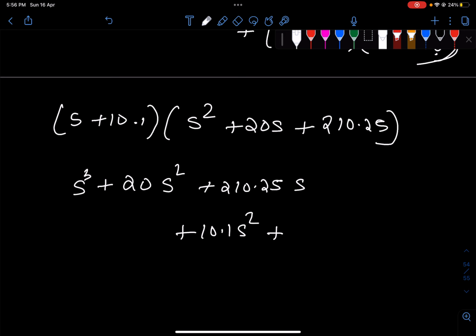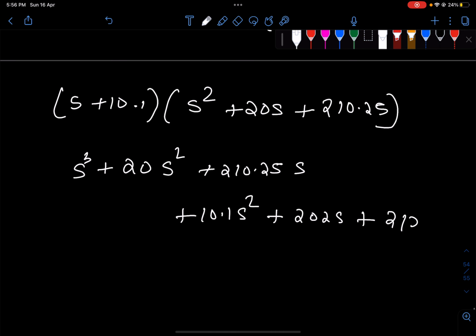10.1 into 20 is 202 s, plus 10.1 into 210.25, that will be 2123.525.